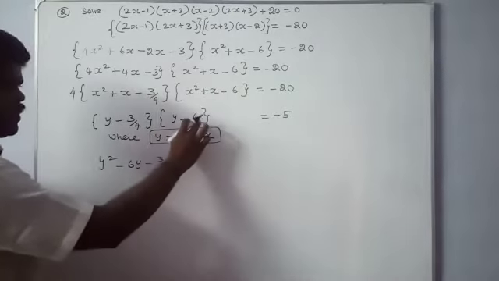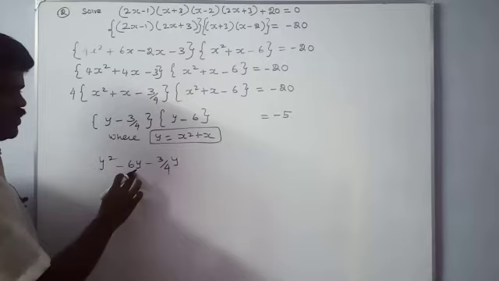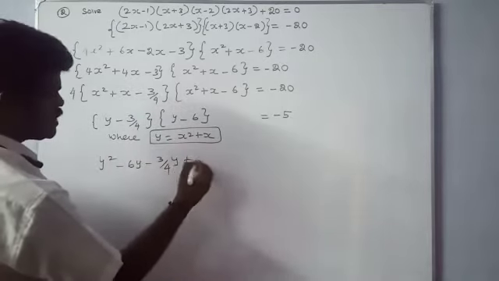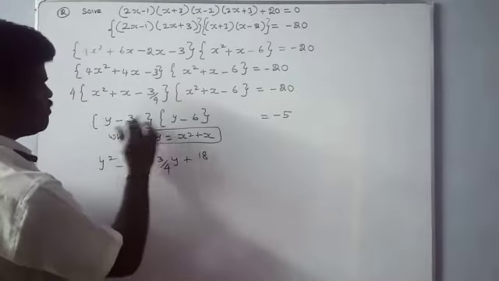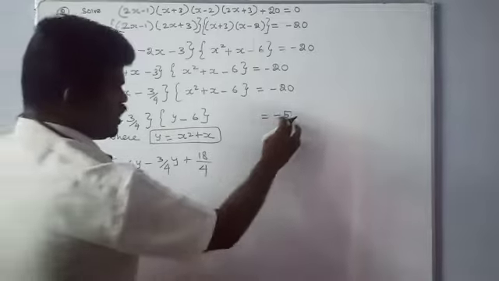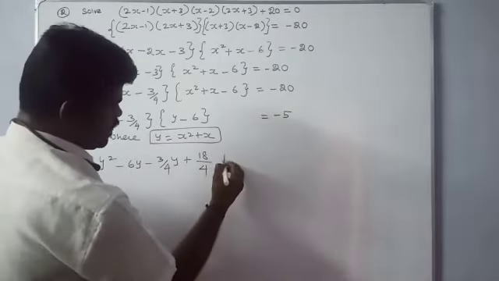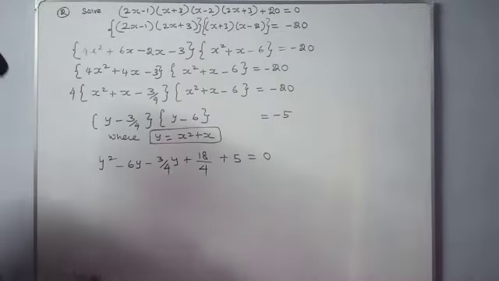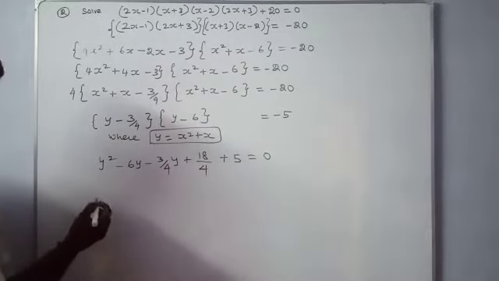Here y into y square and minus 6y, minus 3 by 4y, minus into minus plus 18, 3 by 4 into 6, 18 by 4. Here minus 5 is there, so take plus 5 equal to 0 now. And we want to simplify these terms.